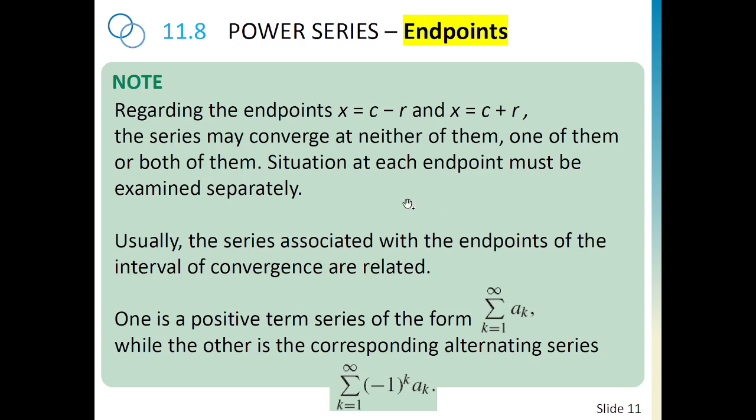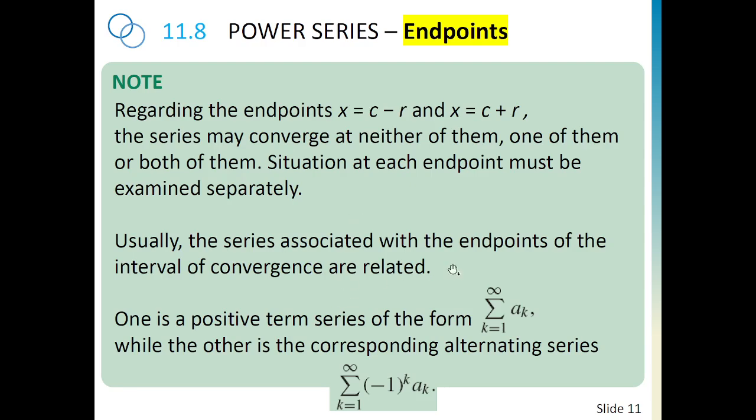So what happens is we need to verify what's happening at the endpoints, each endpoint separately. So it could happen that at both of them the series is convergent, in both of them is divergent, or in one point series is convergent, in the other is divergent. We will see that only if we plug the value of each endpoint separately and we study the series.